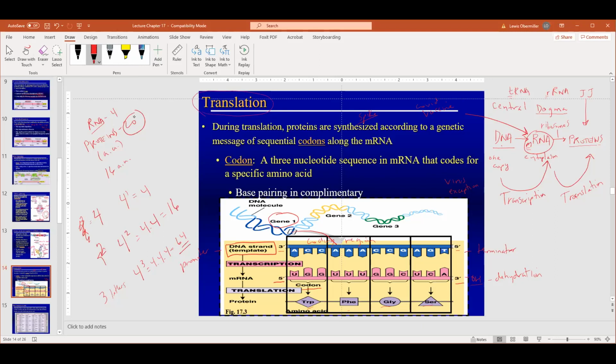So in transcription, the RNA polymerase would see an A and it would add a U. It would see a C and then add a G, and then see a C and add a G, and so on. And then this would be modified with the 5' cap and the poly A tail.